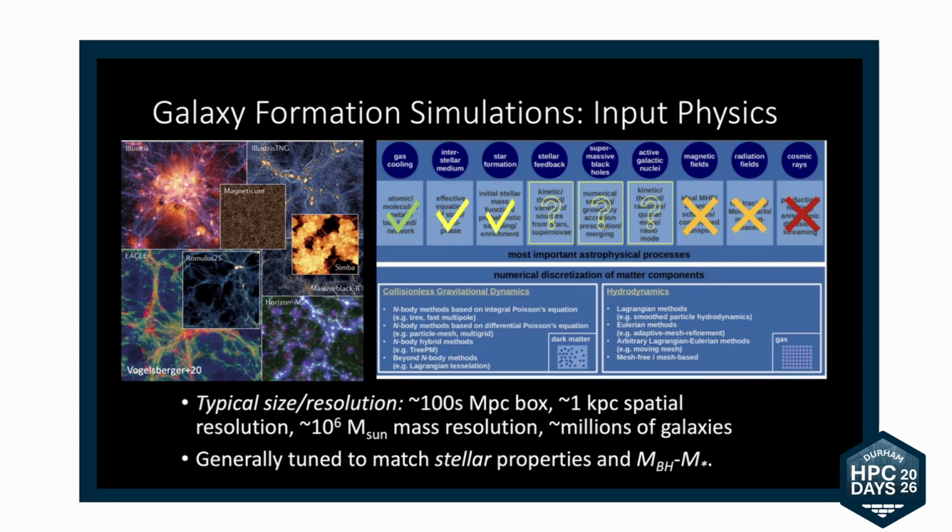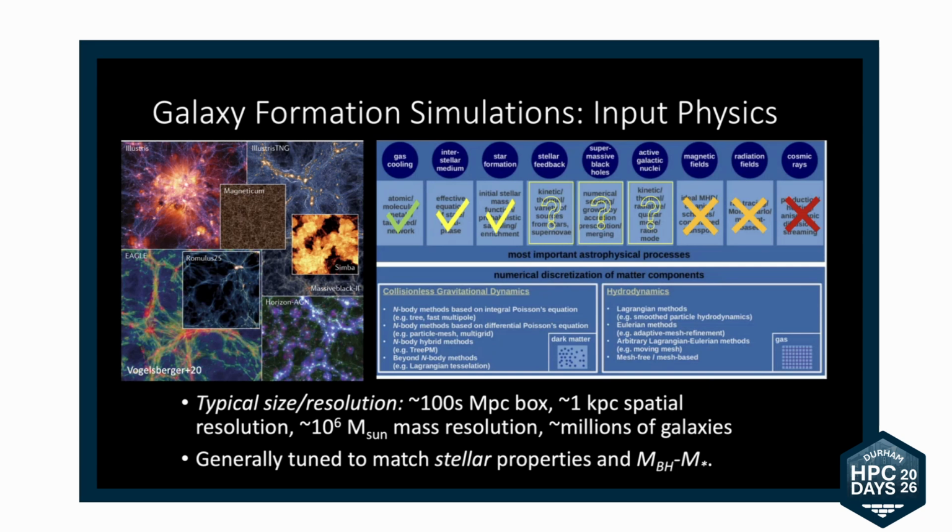Each particle or cell represents something like 1 million suns, and there are hundreds of thousands, millions of galaxies. You get a great statistical sample, not quite the high resolution that you'll hear about from some of the zoom simulations, but you can really compare to all these big surveys.